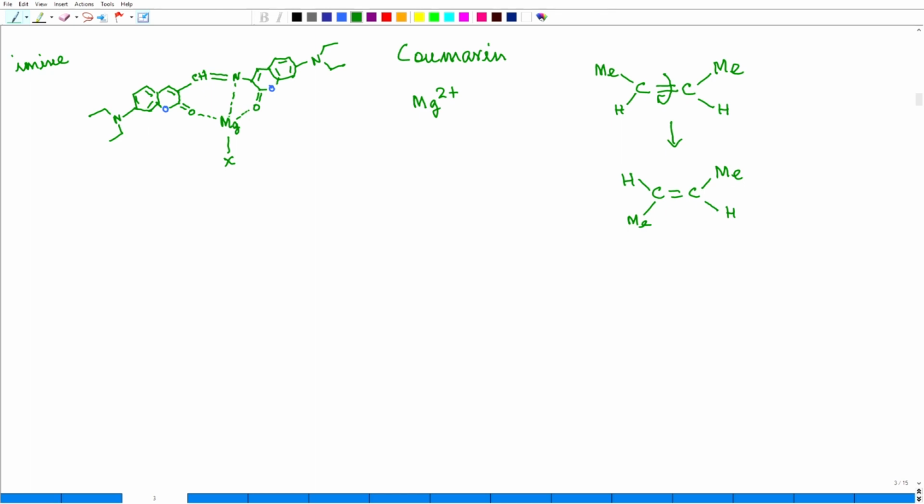So, if I put magnesium 2 plus ion, only magnesium goes here. If you have calcium, strontium, sodium, potassium, or transition metals, they do not go, only magnesium will go. So, it is very important and specific, and it goes and stops this rotation. Because it stops this rotation, when I excite my molecule, it has no other de-excitation pathway.